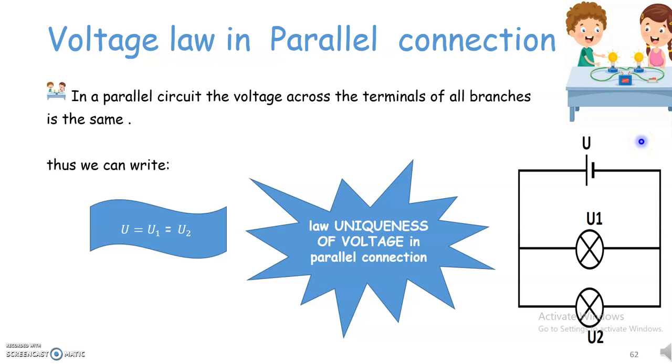The voltage doesn't flow through the circuit. The voltage represents the difference between the extremities. Since they have the same extremities, the difference between their extremities is equal. So the voltage here is equal to the voltage here is equal to the voltage here. So this law is called the law of uniqueness of voltage in parallel connection.